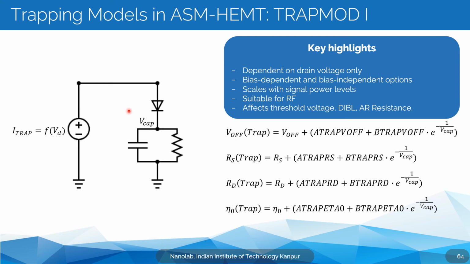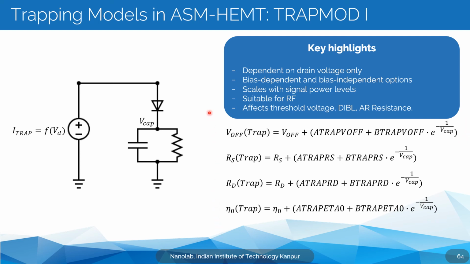So the way it works is at high VD values, you have a high VCAP created, and a high VCAP then corresponds to a significant shift in any of the effects which are governed by this model.